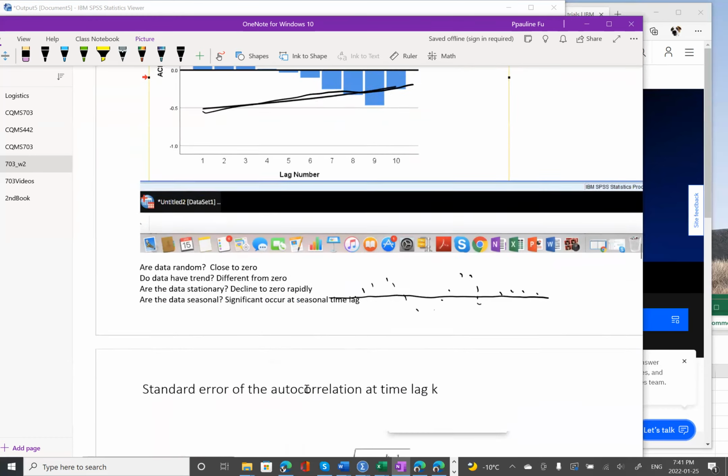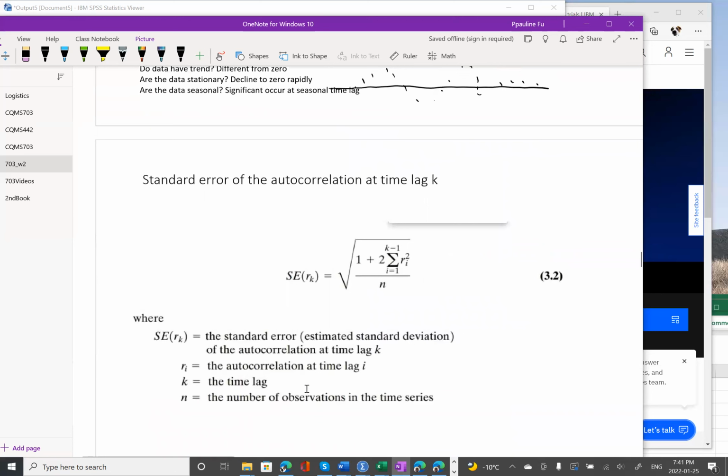All right. Any other questions? So we talked about the autocorrelation formula, and there is also the standard error. How do I calculate the standard error of autocorrelation? This is the formula. You square all the autocorrelations, add them together, multiply by 2 and add 1, divide by the sample size, and take the square root.